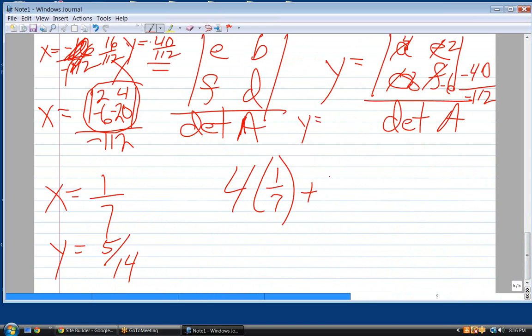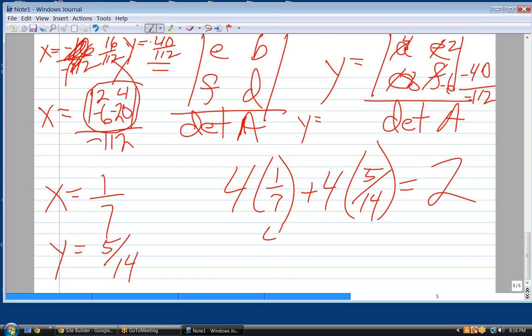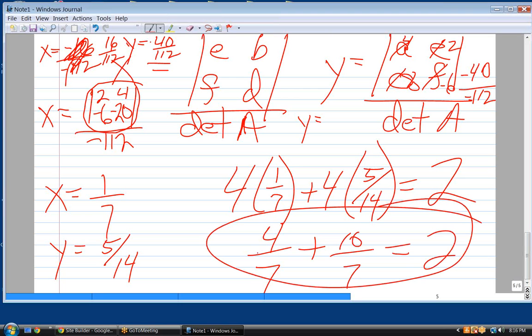Well, that's 4/7 plus 20/14, which is 10/7, equals 2. True. So that's our solution. Okay. That's using Cramer's rule.